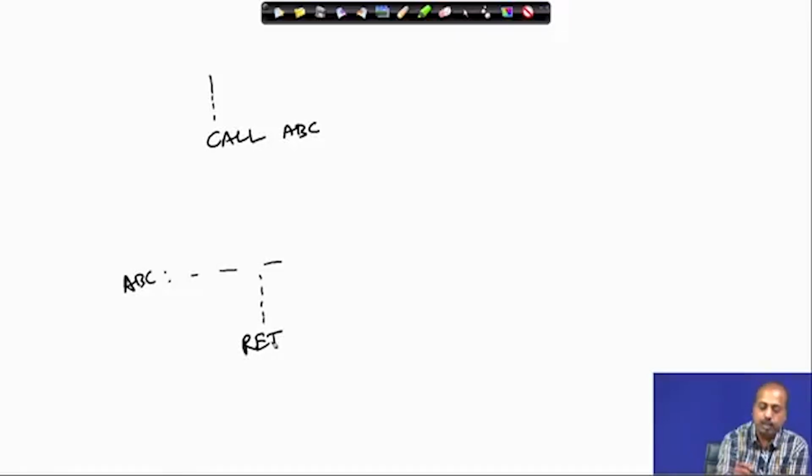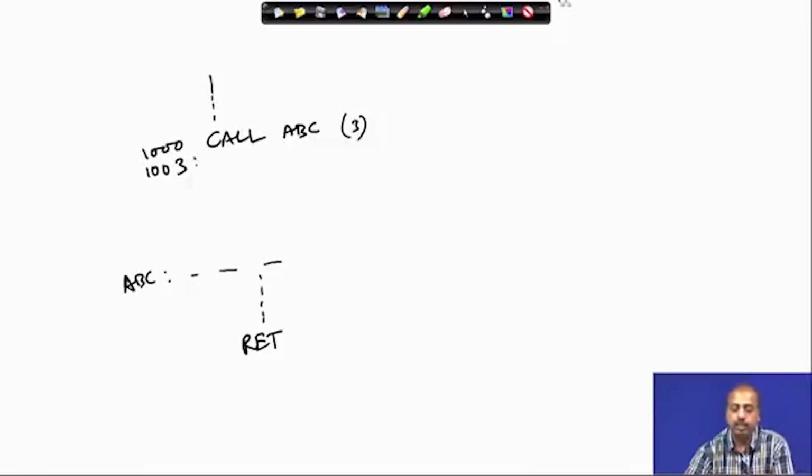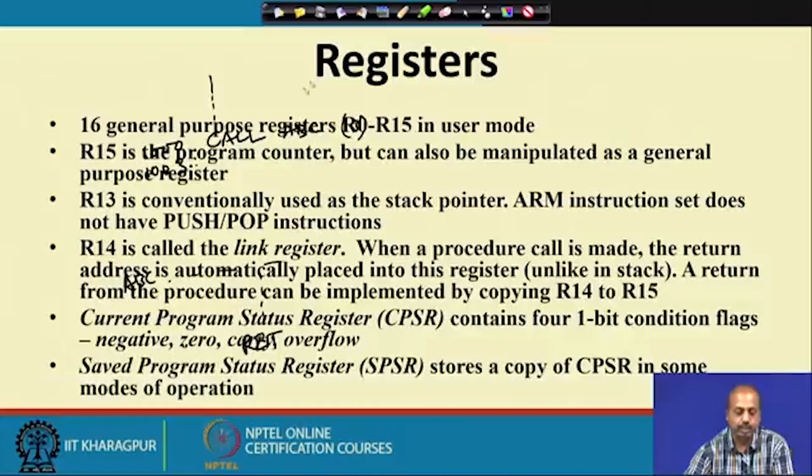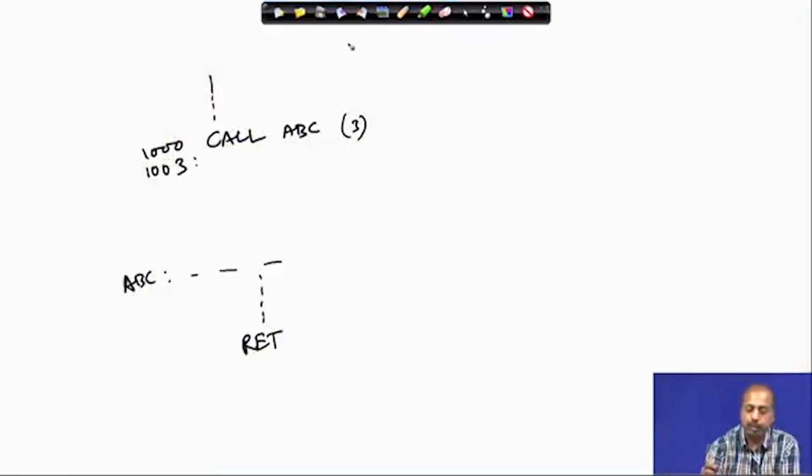Now, say the address of the call is 1000 and this instruction is a 3 byte instruction, so the next location is 1003. What the ARM processor will do is put this value 1003 in the link register, that is in R14, while this call is being executed.